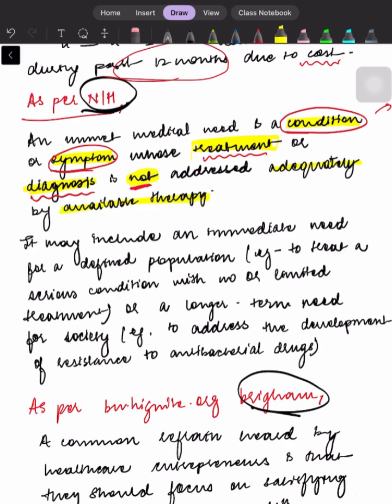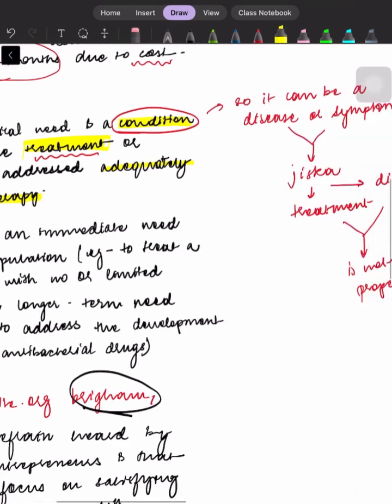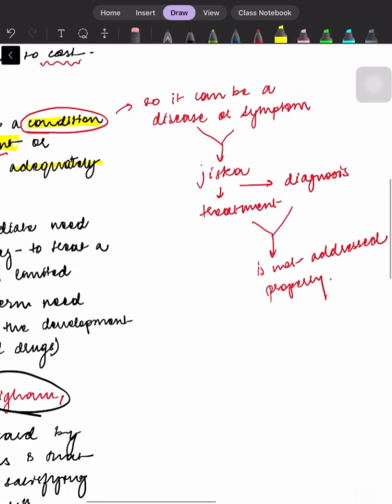So that is an unmet medical need. The condition can be a disease, it can be a symptom, whose diagnosis or treatment is not addressed properly with whatever current or available therapies are there.